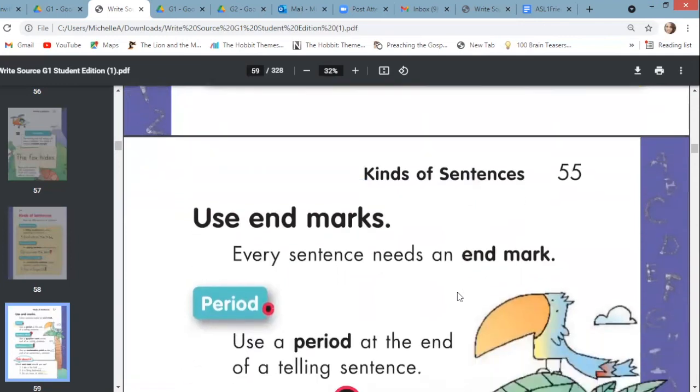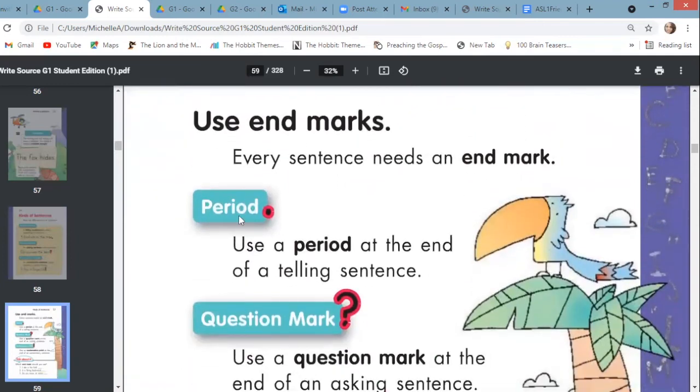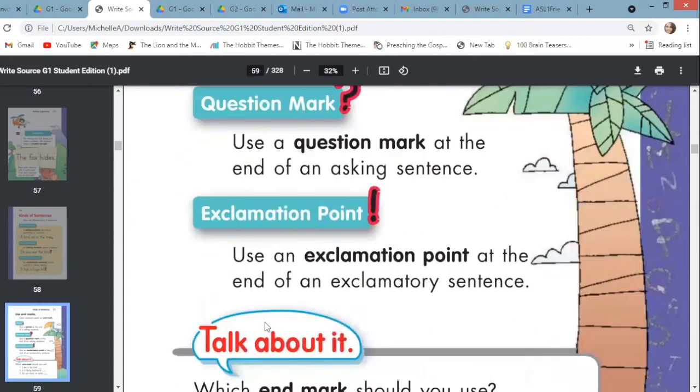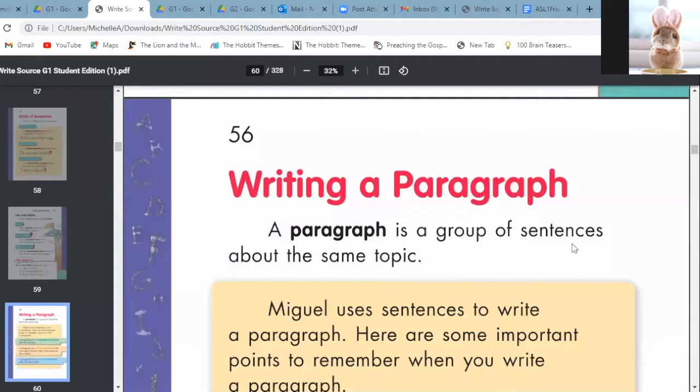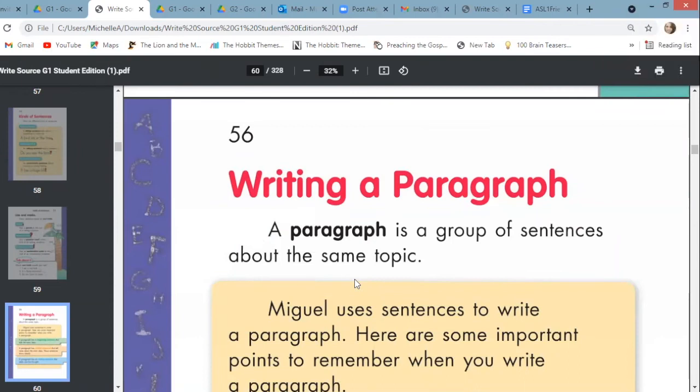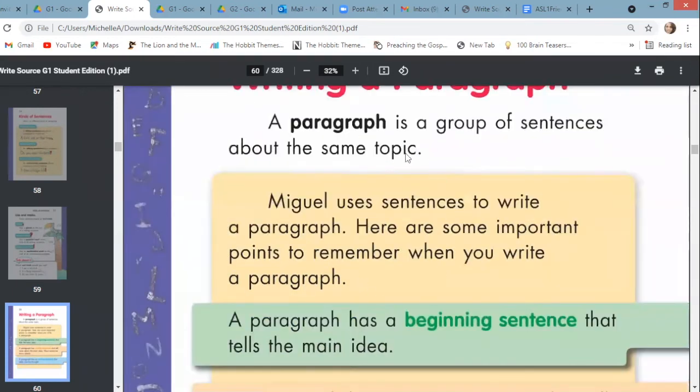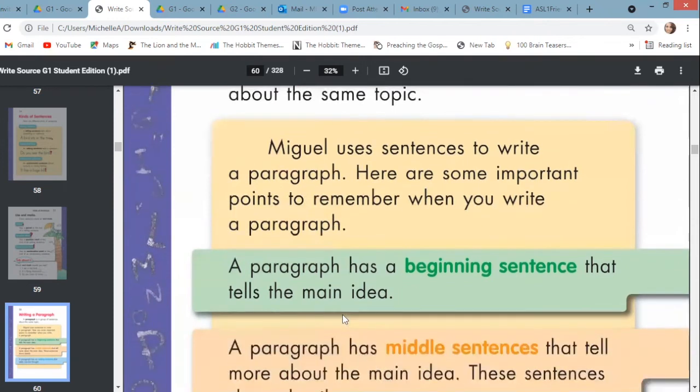Okay? So we know our punctuation, the period, the question mark, and the exclamation. A paragraph is a group of sentences about the same topic. So what is our topic today? Friendship and friends. That's right. So Miguel uses sentences to write a paragraph. Here are some important points to remember when you write a paragraph.